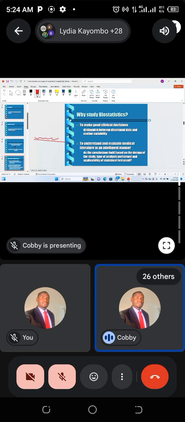Now, if there is discrepancy in this data, you find that sometimes the data goes up and comes down, just like that. So biostatistics helps us to rule out whether this is just by error, or whether there is something significant that has happened in the community, because sometimes there can be error in how this data is reported.